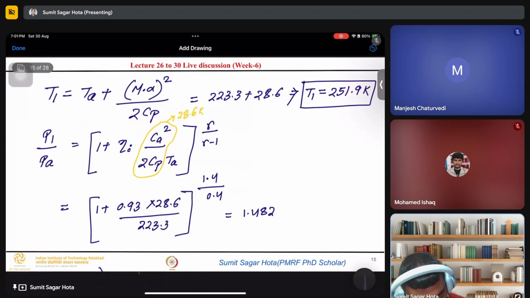So just find out P1, which is 0.393 bar.